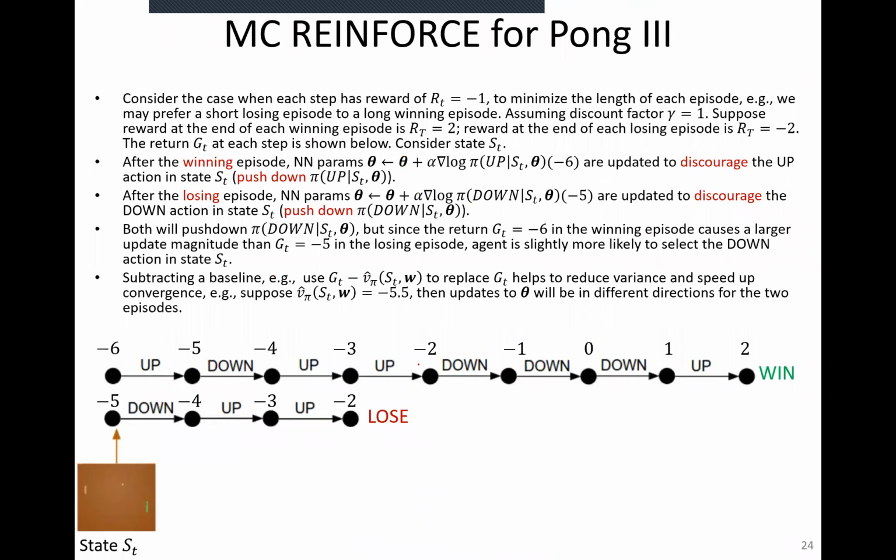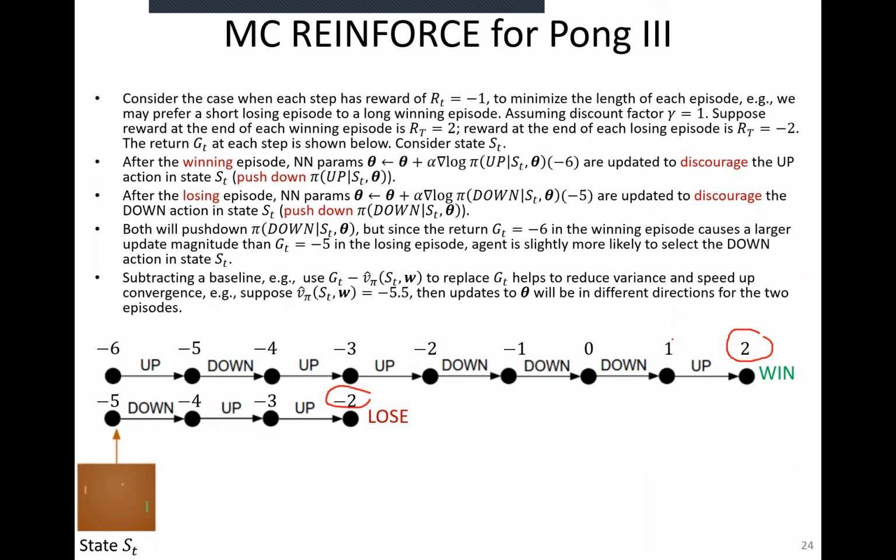So suppose each step has a reward of -1 to minimize the length of each episode. So we may prefer a short losing episode to a long winning episode. And suppose the discount factor gamma is 1, and we have these two episodes. In one long episode, we have a reward of 2 for the winning episode. And for the losing episode, we have a reward of -2. And then the return can be computed with this.